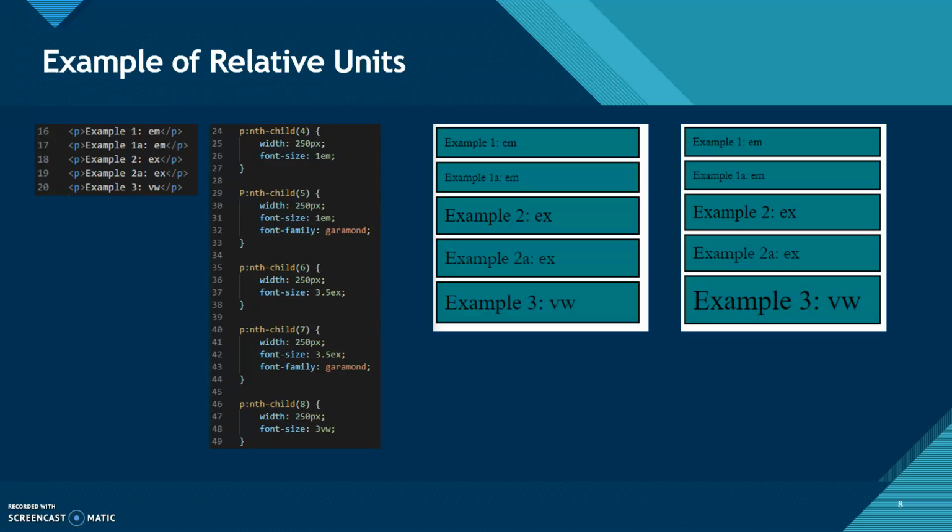So the first one I have here is just 250 pixels with 1 M. So that font is the width of that letter M in that font. The next one I did in a different font, and you can see barely, because they are very similar fonts, that they are slightly different in length.